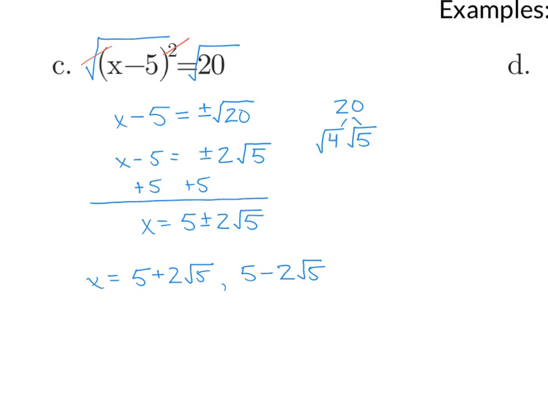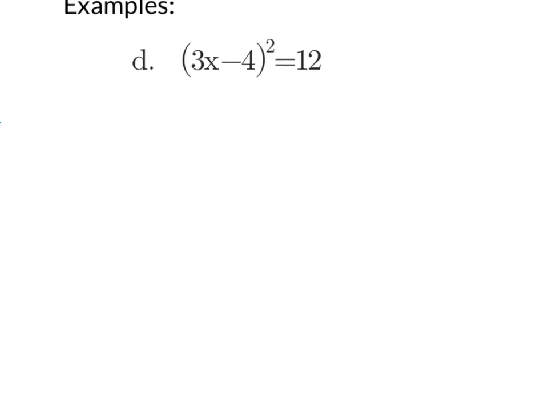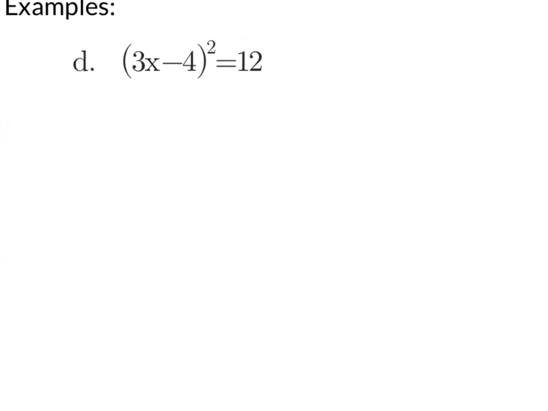All right, let's look at one final example. We have D. D, we have 3x minus 4 squared equals 12. So if we start by taking our square root, on the left, my square root and my square cancel, leaving me with 3x minus 4 equals the square root of 12. Include the plus and minus.